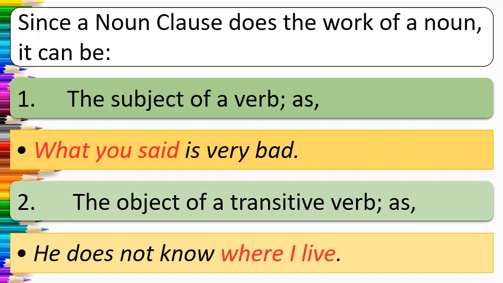And when we divide this object into different parts, it carries one conjunction, that is where, one subject, and one verb or an object. It is not necessary that you will get an object. But as you can see, here where I live is an object of the verb know.